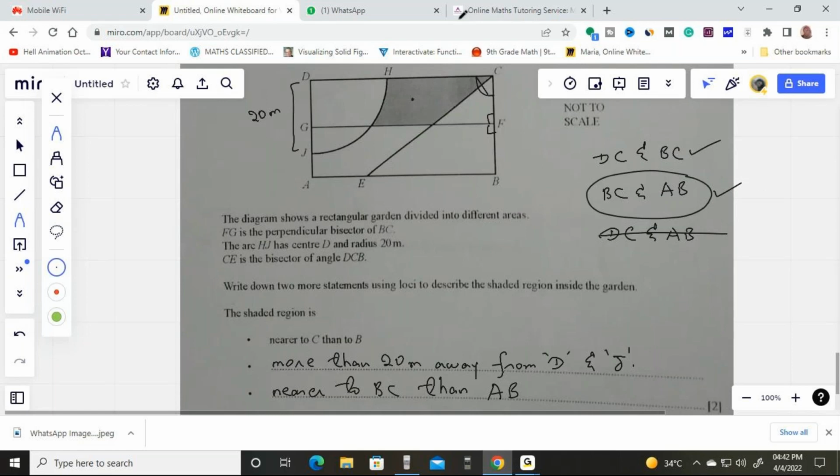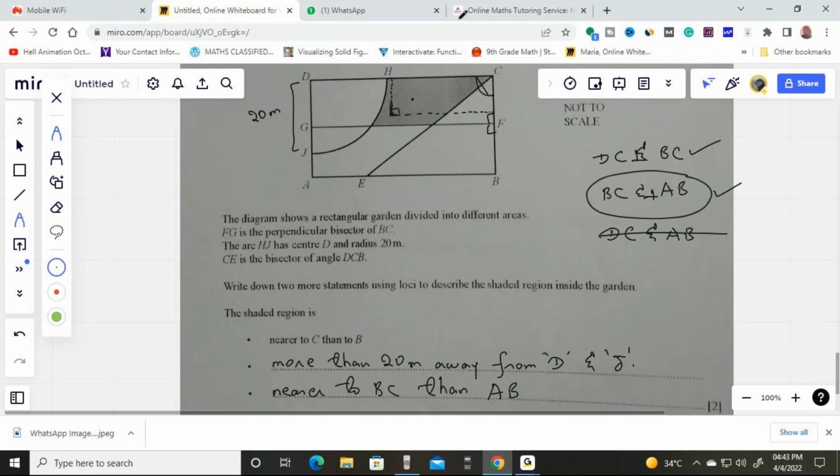These lines are perpendicular, so this is going to be much better. If you pick up, for example, this point, take a perpendicular distance of this point from your DC and a perpendicular distance from this point to your AB.